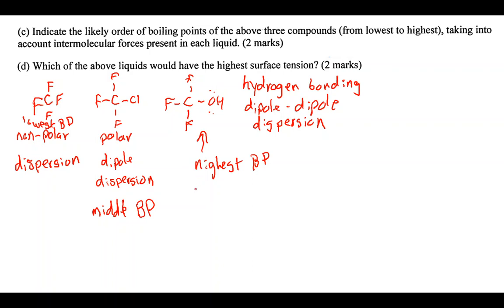So the one with the highest boiling point would likewise be the one that has the highest surface tension, because the molecules have all those forces trying to keep them together, so they are very resistant to being moved. So highest surface tension is this guy as well.